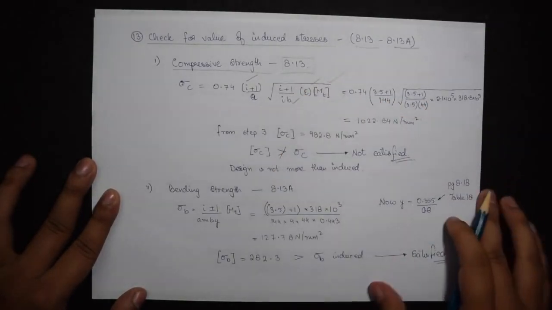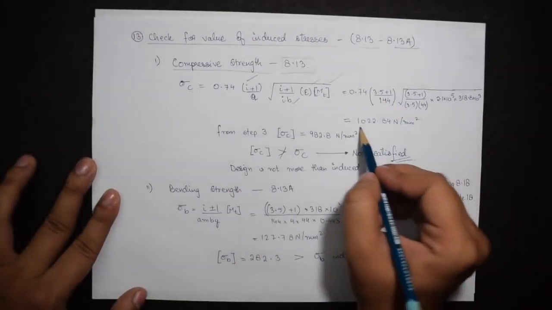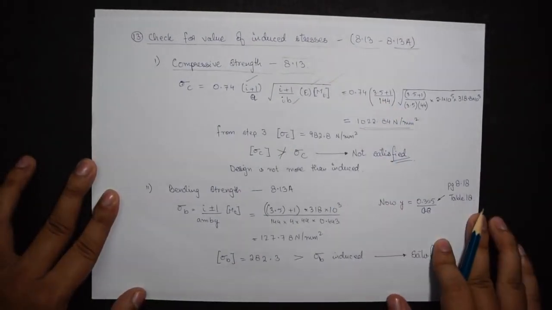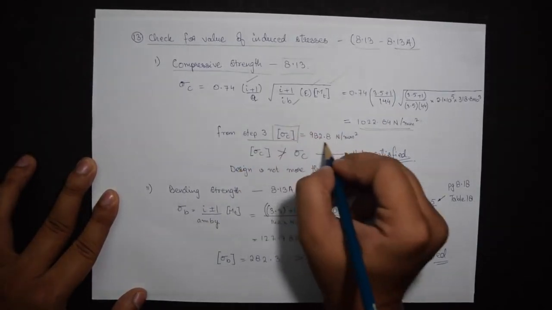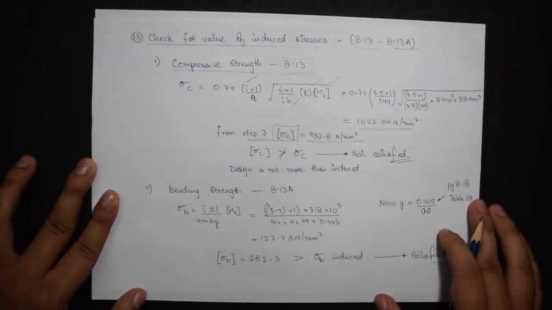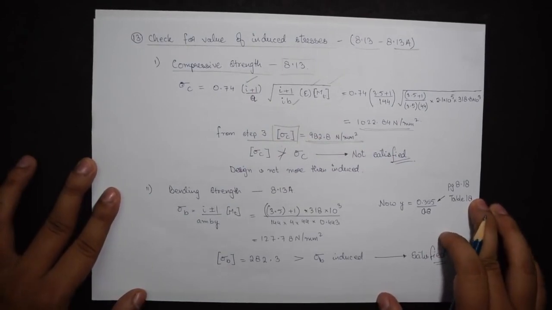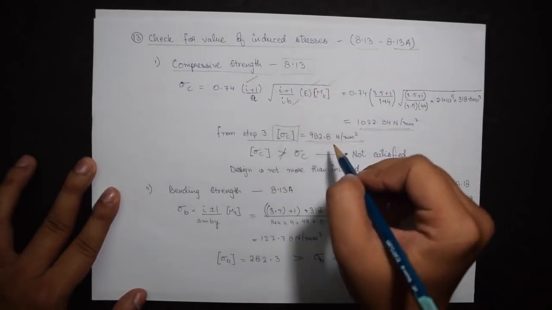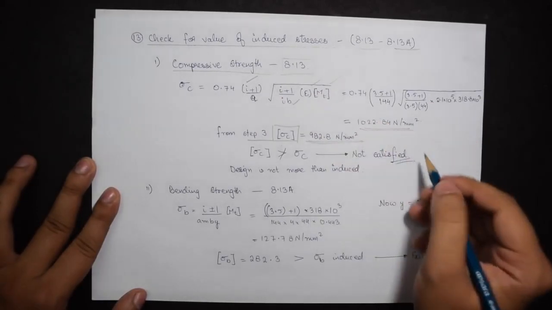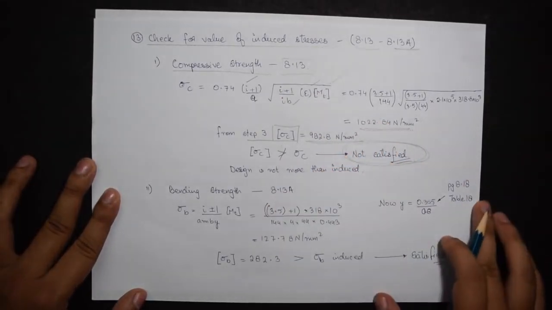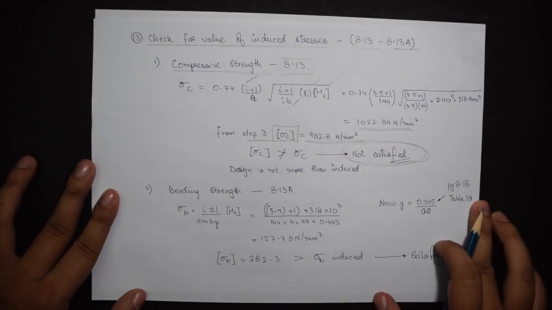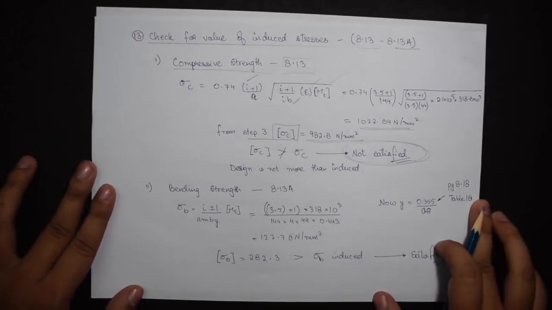So my value comes out to be 1022.84 Newton per mm square. From step 3, I calculated my design compressive strength as 982.8 Newton per mm square. Now the induced strength can never be greater than the design strength. So my compressive strength condition is not satisfied. So we'll have to do one more iteration for that.